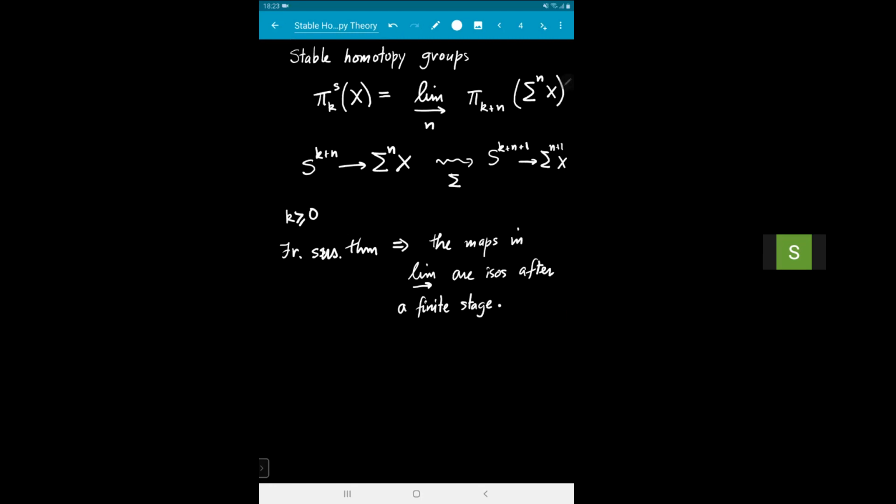So now this pi k s of x even makes sense if x is s naught, right?